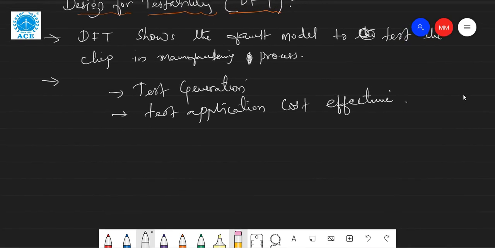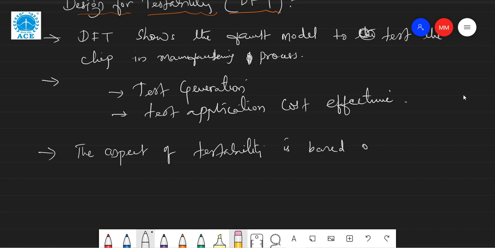the aspect of testing is basically based on two methods. So you can call the aspect of testability is based on two concepts.